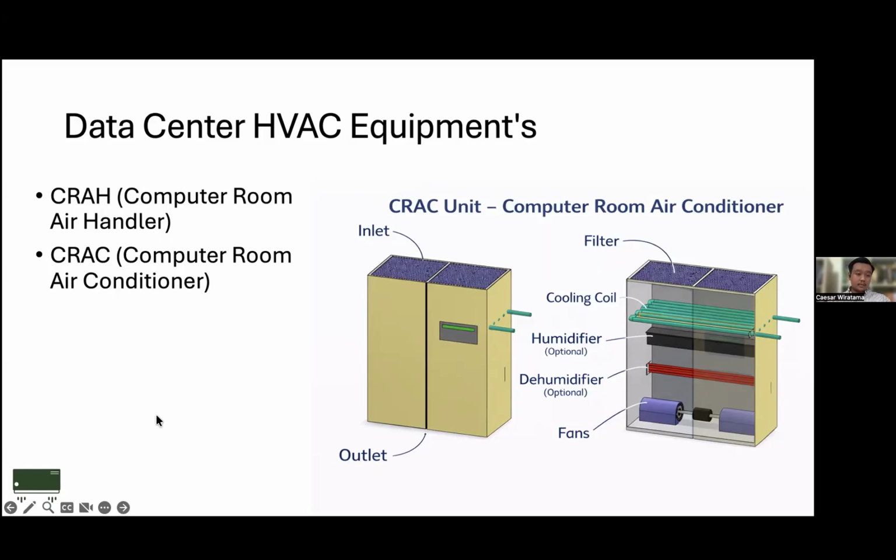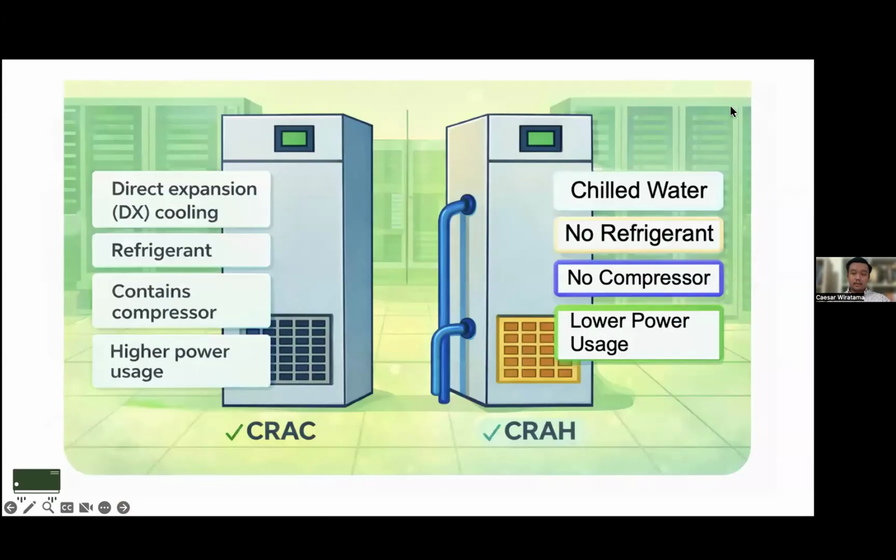So what is the difference between CRAH and CRAC? These are some general differences. For CRAC, we have direct expansion cooling. We use refrigerant, it has a compressor in it, and it also has higher power usage. But for CRAH, we only use chilled water.